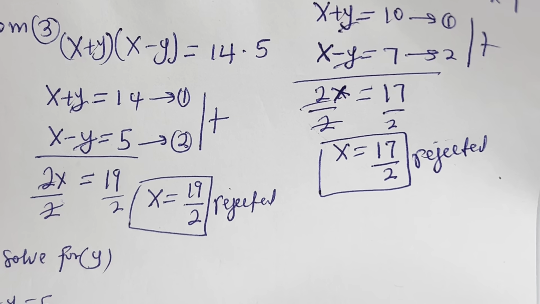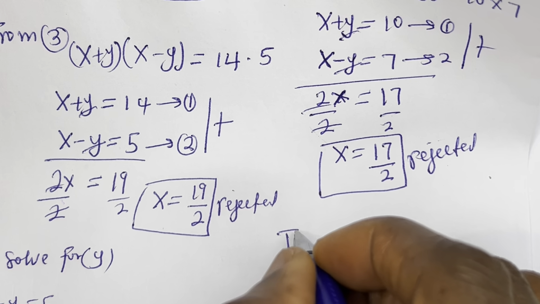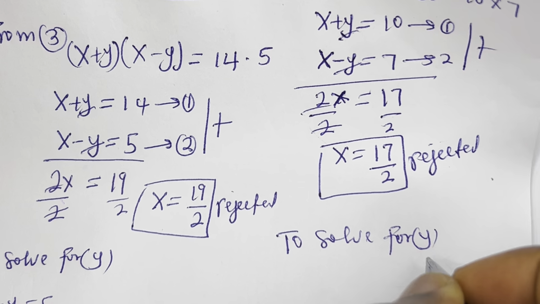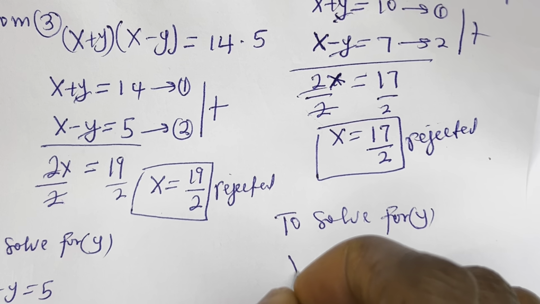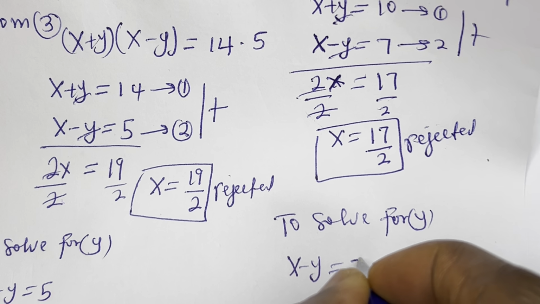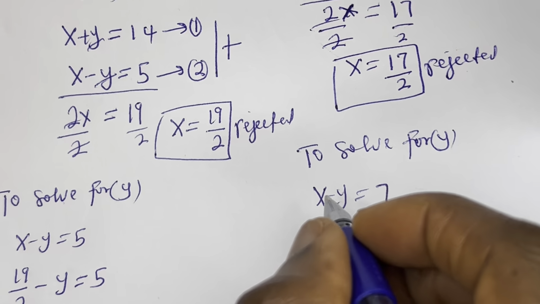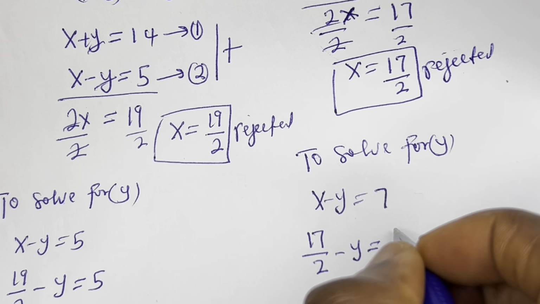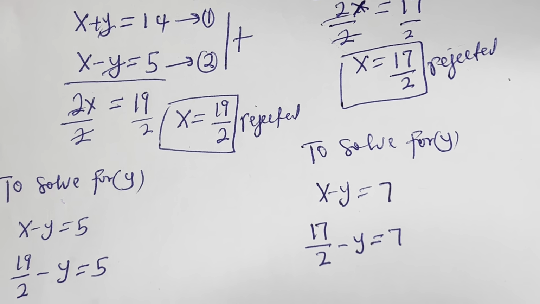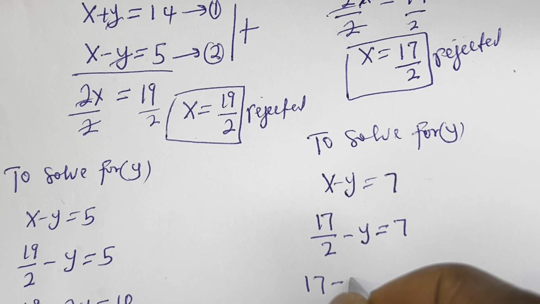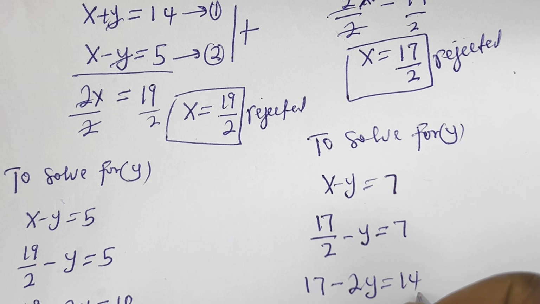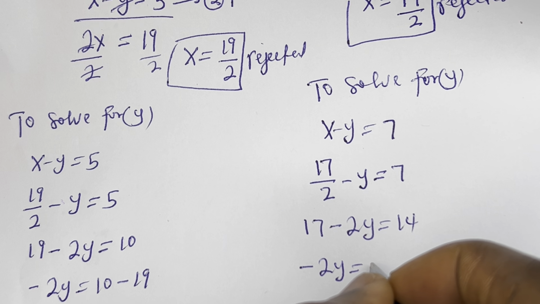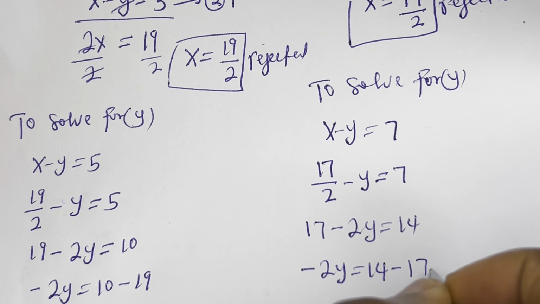Now let's solve for y. From equation 2, x minus y is equal to 7. 17 over 2 minus y is equal to 7. 17 minus 2y is equal to 14. Minus 2y is equal to 14 minus 17.